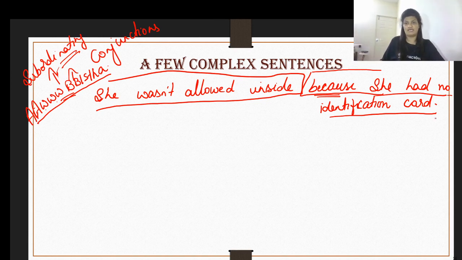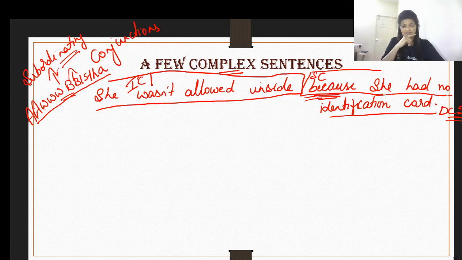Therefore, this becomes our dependent clause, and because is our subordinating conjunction, and she wasn't allowed inside is our independent clause. So clause number 1 and clause number 2. Because we have used a subordinating conjunction over here, this statement becomes a complex sentence.